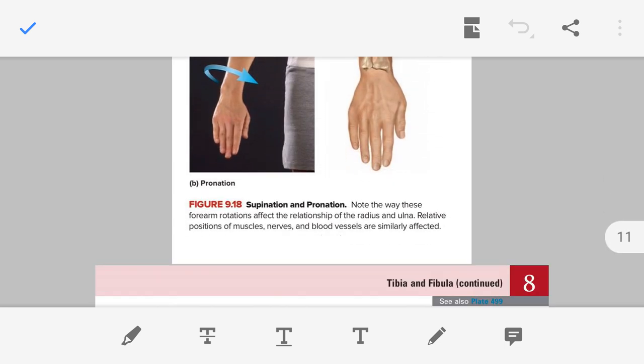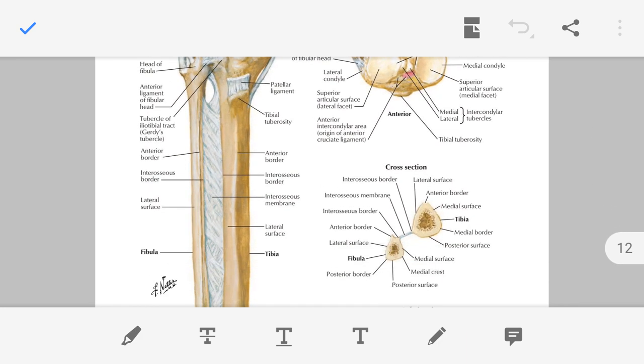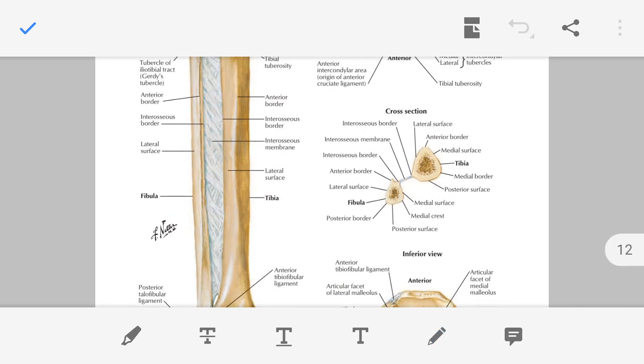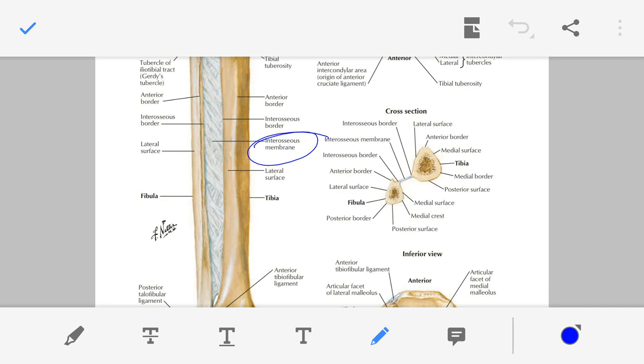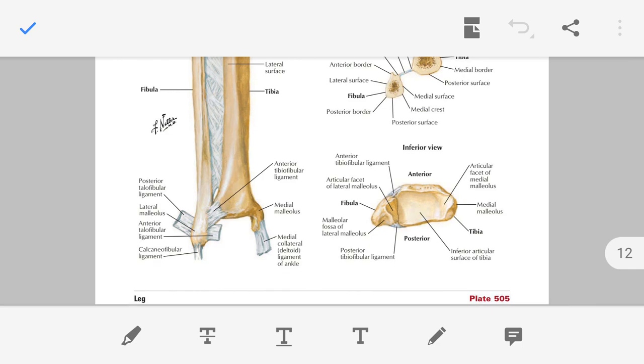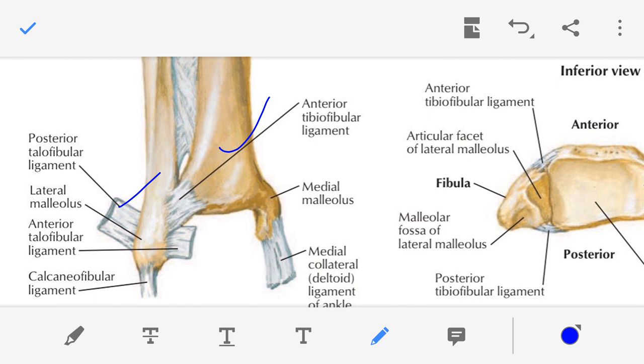Then this is the tibia, this one is the fibula. Between the tibia and fibula, an interosseous membrane is there. At the distal side of tibia and fibula, you can see the ligaments are present.